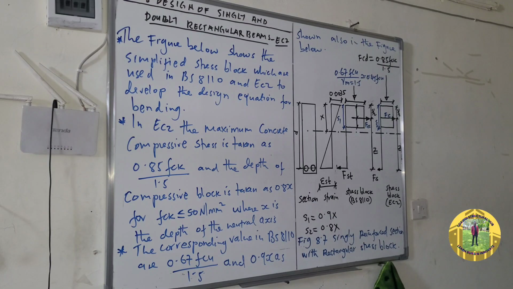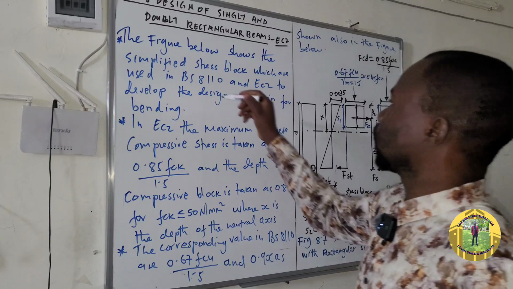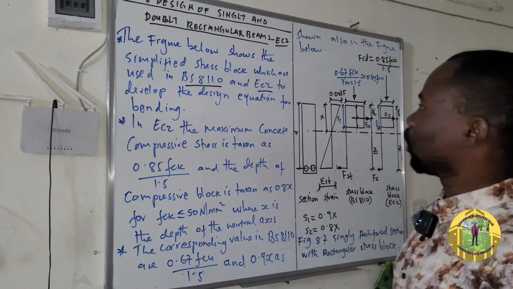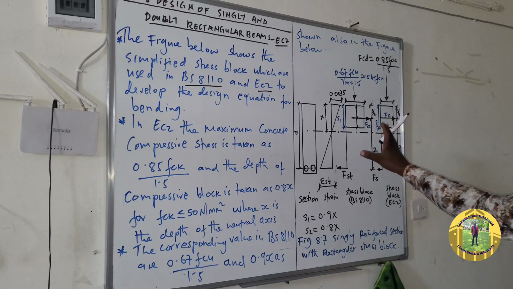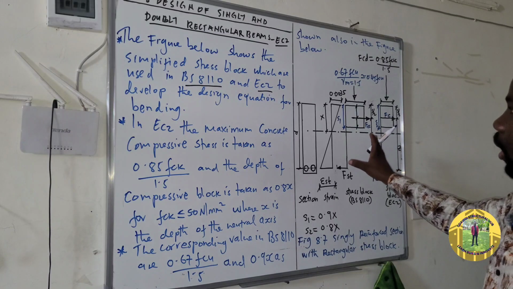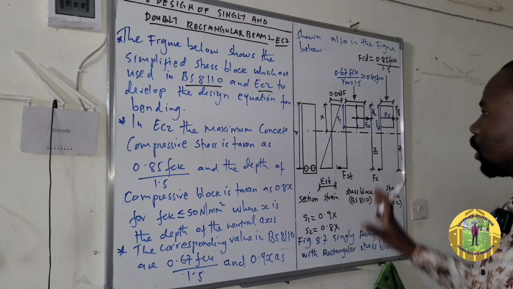The figure below shows the simplified stress blocks which are used in BS 8110 and Eurocode 2 to develop the design equation for bending. So we will develop the design equation for bending from this diagram.